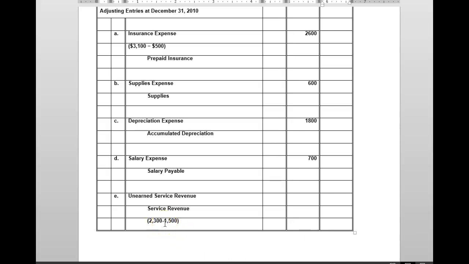That means we have earned $800. That has to be put into the service revenue and taken out of the unearned revenue. So those are your journal entries. And of course, again, you're going to have the credits over here.